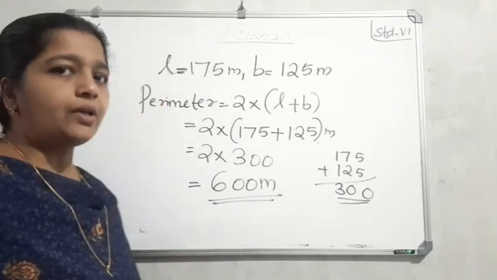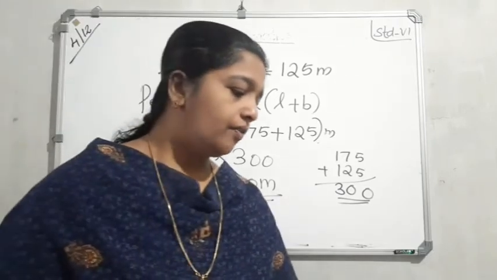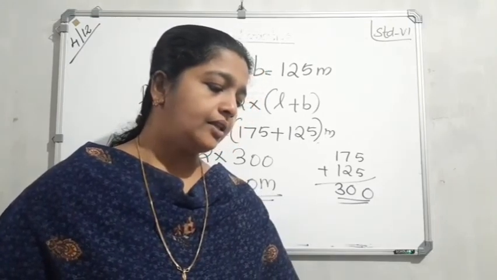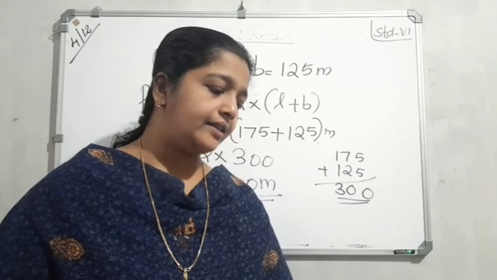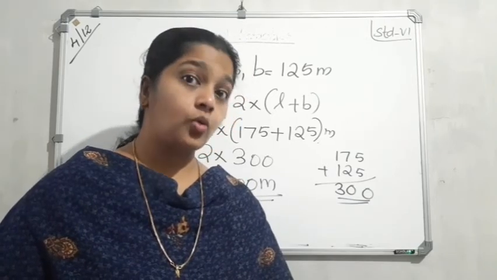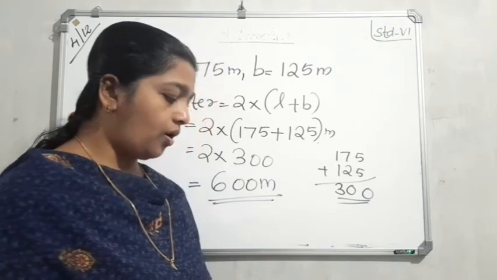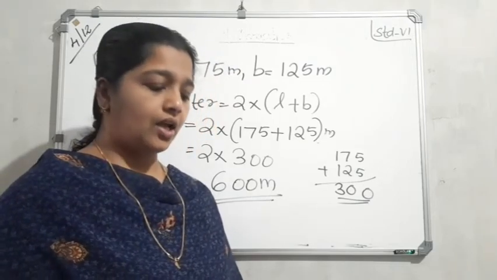That is the perimeter. But the question is to find the cost of fencing a rectangular park at the rate of rupees 12 per meter. So we want to find the cost of fencing the rectangular park.